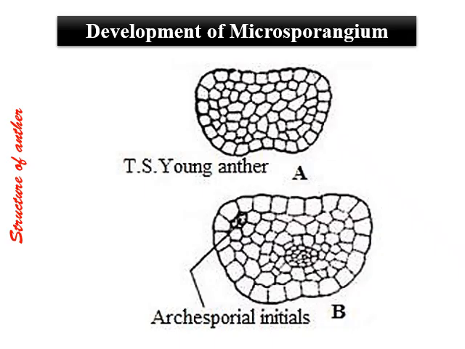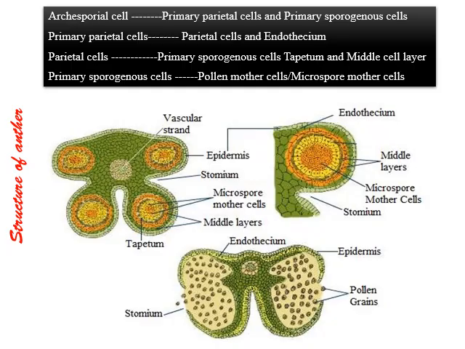Primary parietal cells are further responsible for the development of parietal cells and an endothecium, whereas primary sporogenous cells differentiate and give microspore mother cells or pollen mother cells.